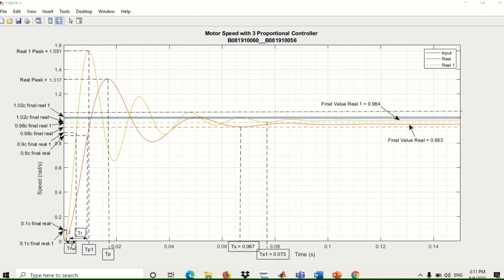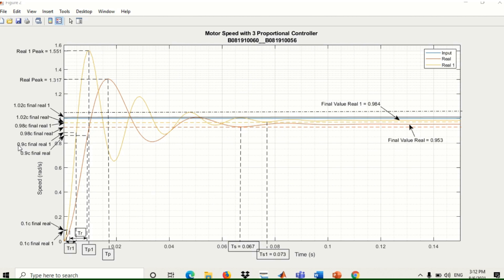The third and the last, we have to label TR. TR means rise time. The time for the waveform to go from 0.1 to 0.9 of its final value. So the formula for 0.1, 0.1 means 10% from the final value. 0.1 multiplied with the final value, and the second 0.9, that means 90% from the final value.